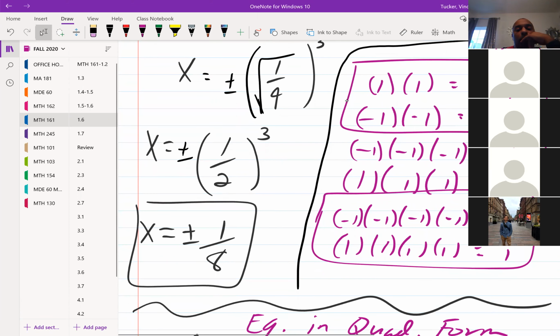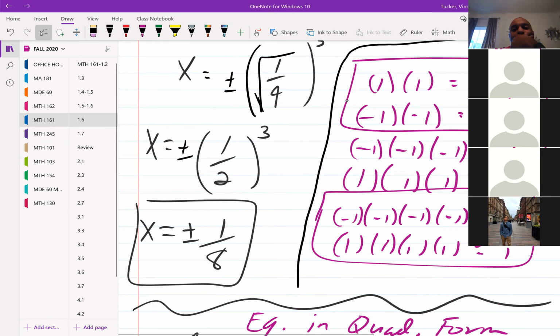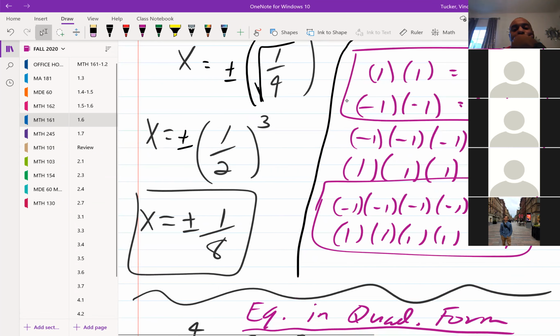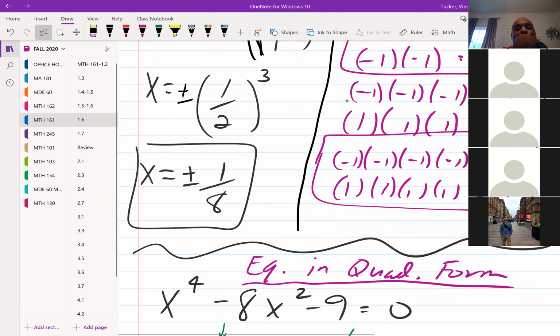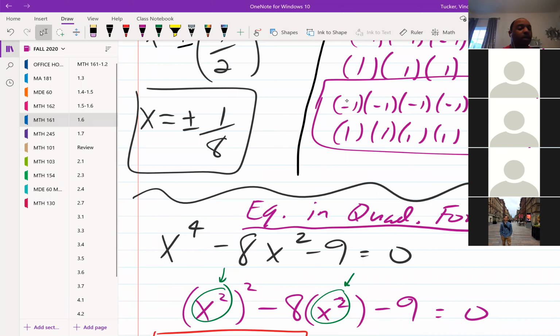We look at this last thing that connects us to these radicals. Next thing we're going to look at, the last thing we're going to look at today, is equations in quadratic form.